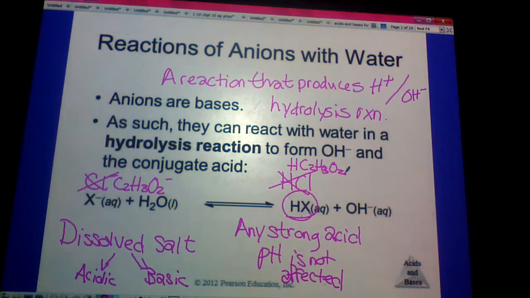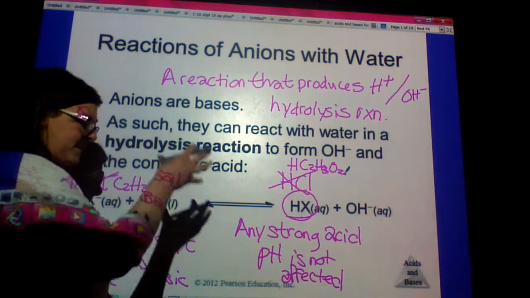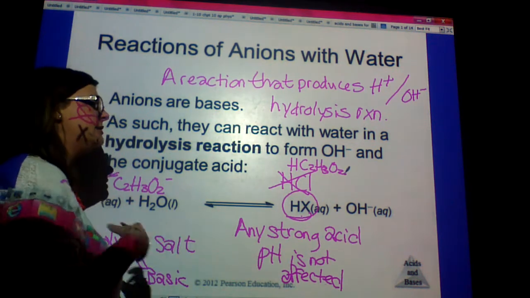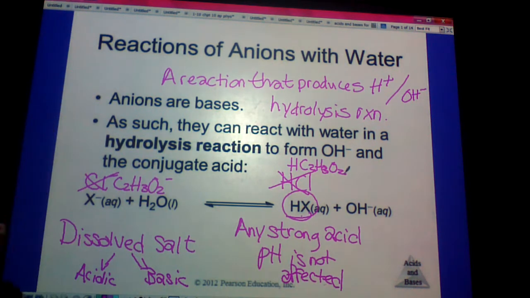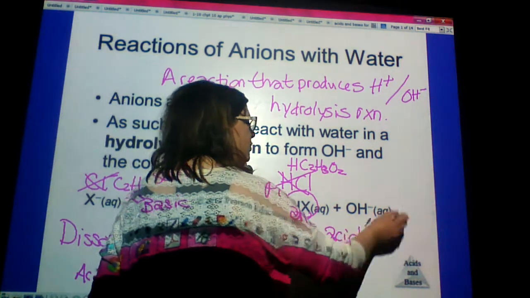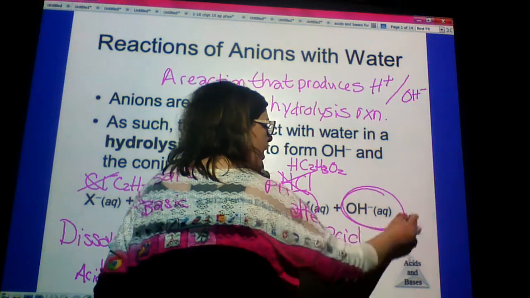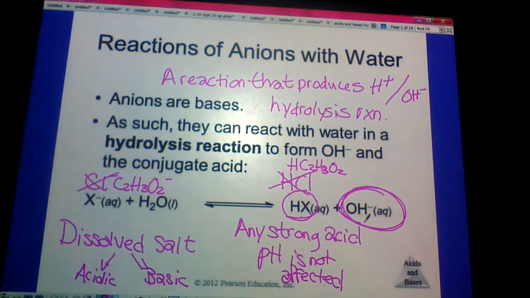And if I'm thinking about my chart again from the previous slides, a weak acid is going to also have a fairly weak base as well. But at least I know that I'm going to also be generating more of this. So my OH minus concentration is going to increase if I have a weak acid as my conjugate acid. So that's going to increase my pH of my solution, which is going to make it more basic.